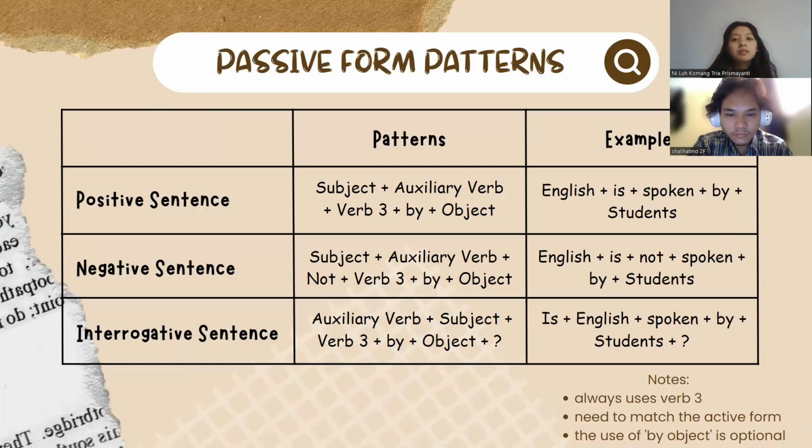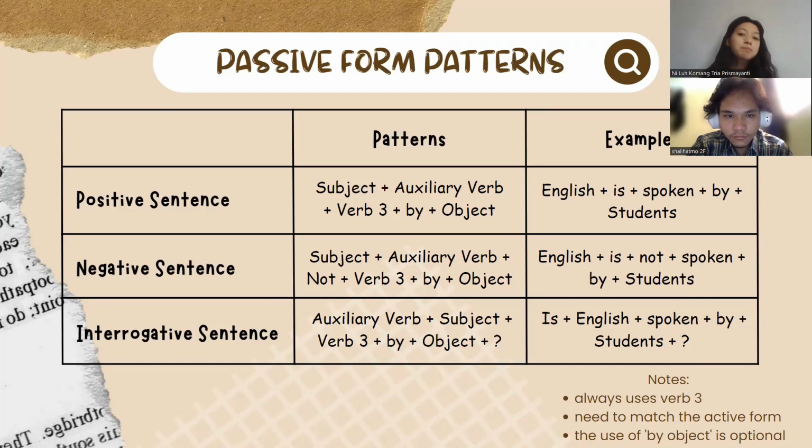These are the main patterns of passive form. The positive sentence is subject plus auxiliary verb plus verb 3 plus by plus object. So the example is English is spoken by students. So English is the subject, is is the auxiliary verb, and spoken is verb 3, plus by and students as the object.